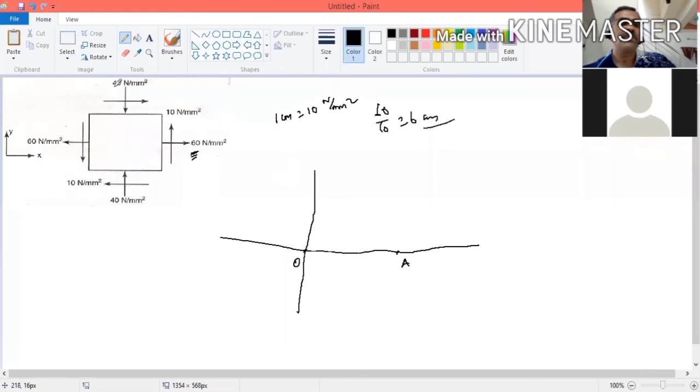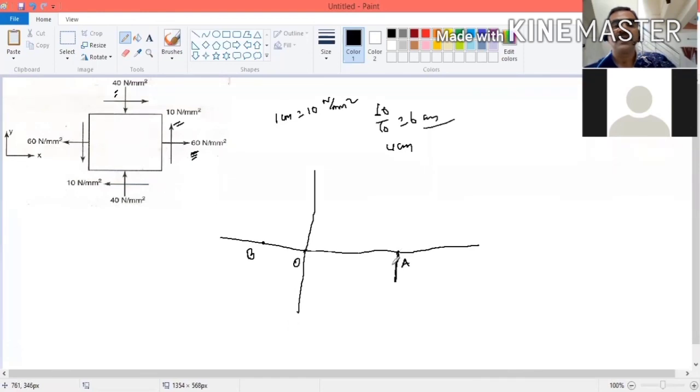Now sigma 2, it is 40. So 4 centimeters. Since it is compressive, you take left side, opposite direction. So this is B. Tau is 10. So always as we take, you take a downward direction.